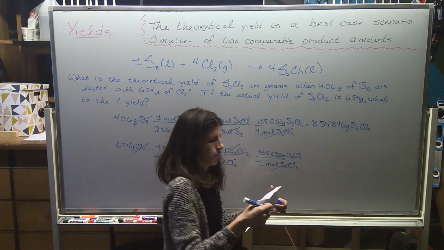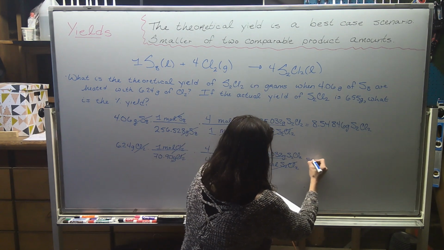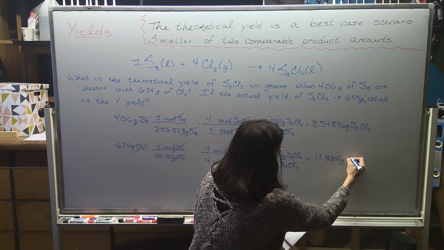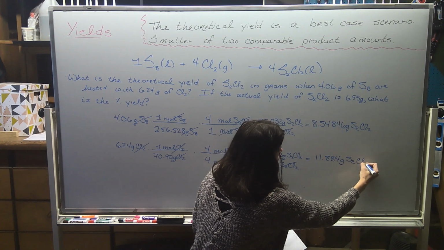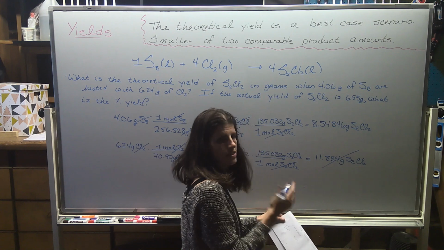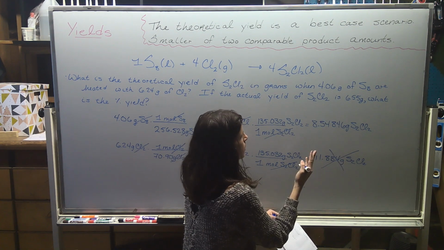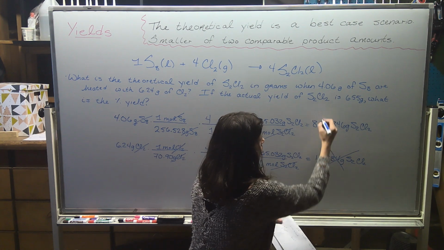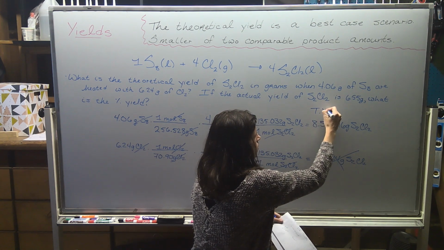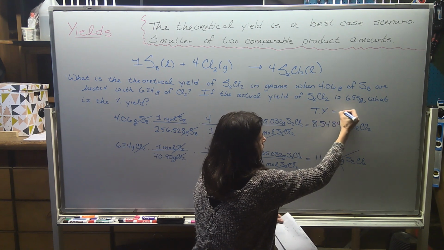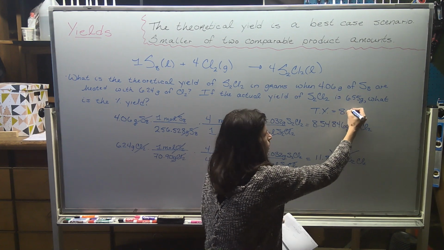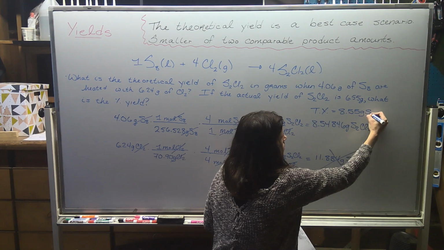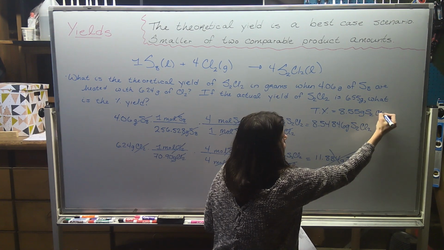And I got 11.884 grams of disulfide dichloride. So I'm going to cross that one out. It doesn't apply here. I have 3 sig figs. So if my problem were done, or when I calculate my theoretical yield, I'm going to say it's 8.55 grams of S2Cl2.